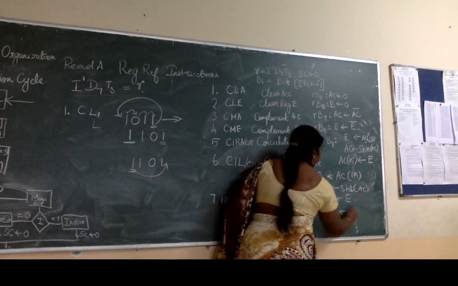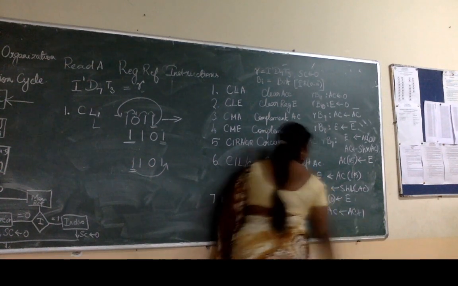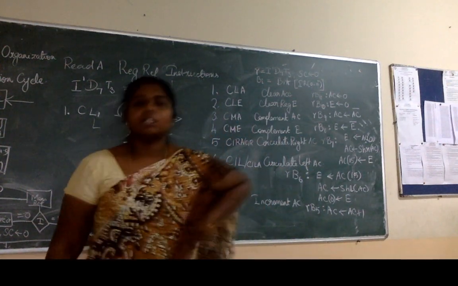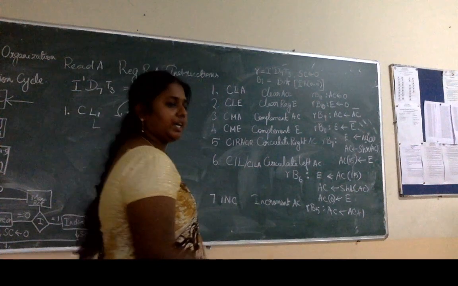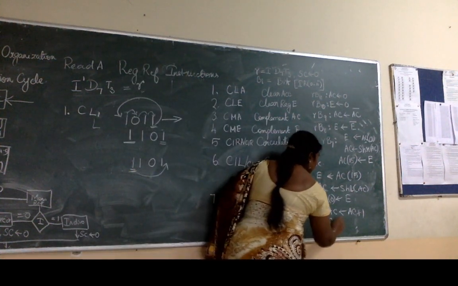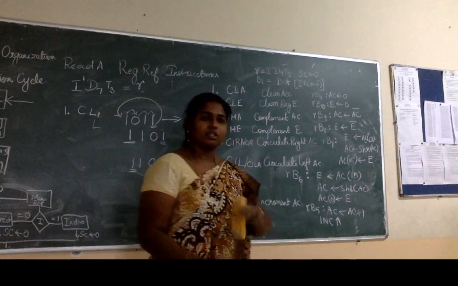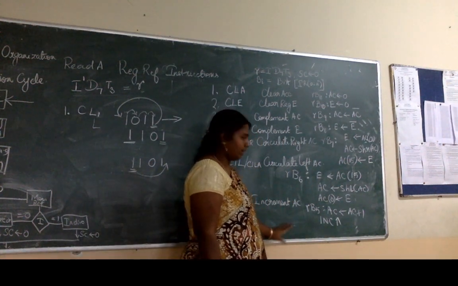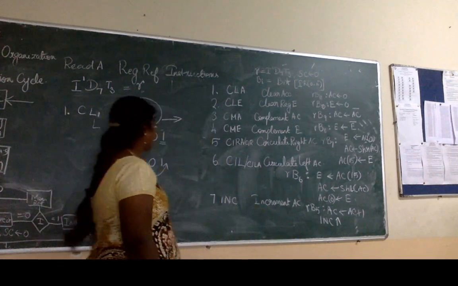Accumulator is loaded with accumulator plus 1. Instead of loading accumulator plus 1, I can also raise the increment signal of the accumulator. So it's more like a hardware signal that has to be generated for this particular instruction.